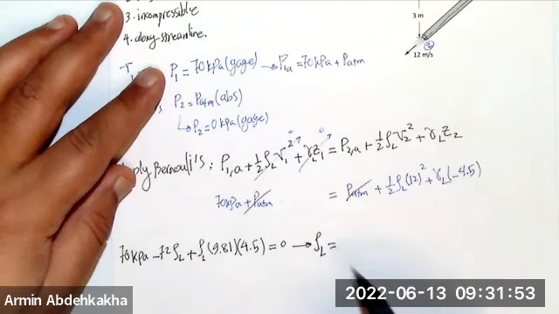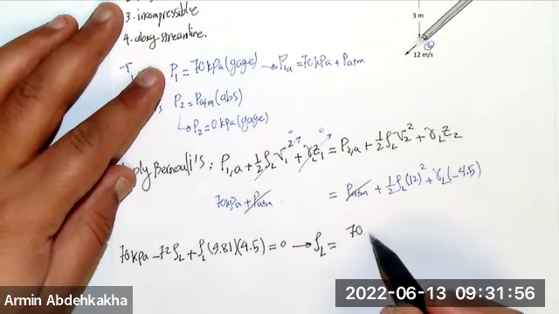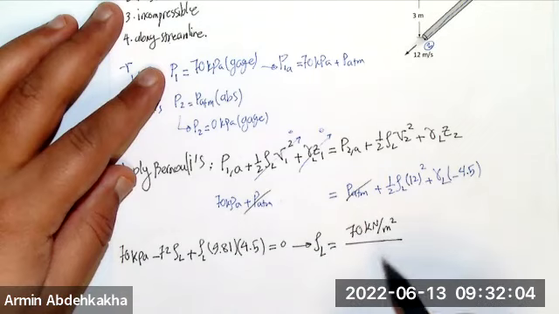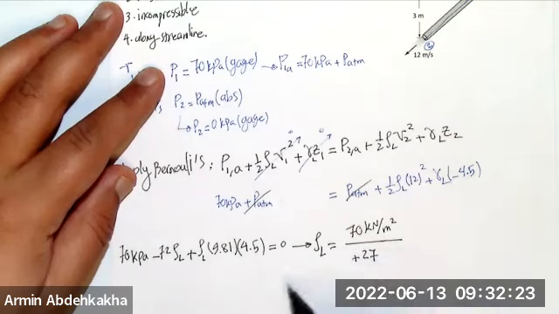Then the rho of liquid is equal to 70 kilopascal, which is kilonewton per meter squared, over, if I calculate these two, because the only rho L is equal in these two terms, then minus 27, which is positive from the other side, 27.885 meter squared over second squared.